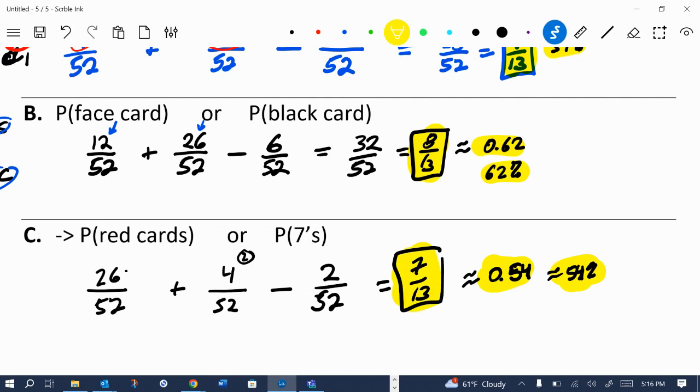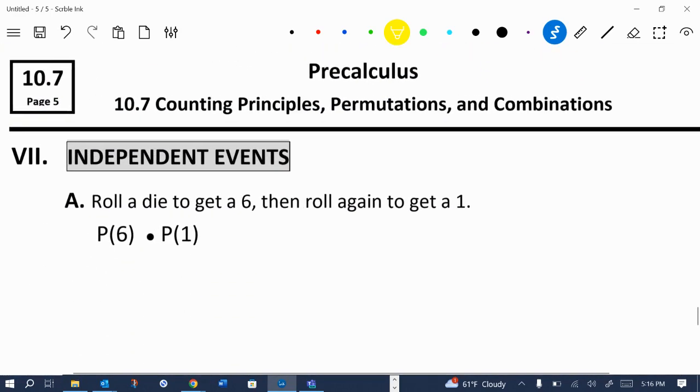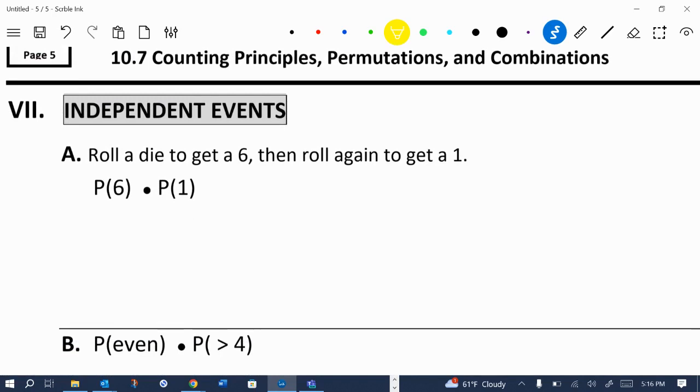So let's look at what is next, called independent events. For independent events, we are going to roll a die to get a number, and then we're going to roll it a second time. But whatever you get the first time has no bearing whatsoever on the second one. So the chance of rolling a 6 when we roll a die is 1 chance out of 6.